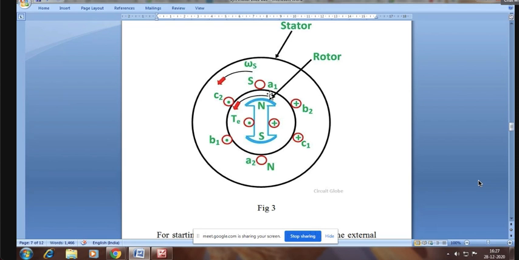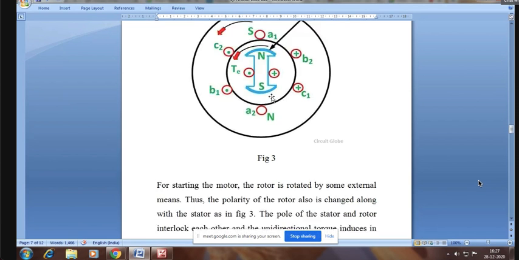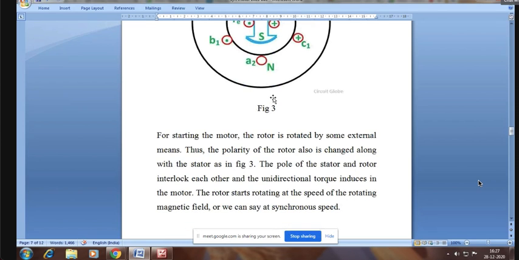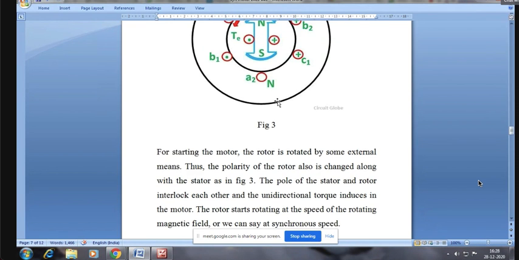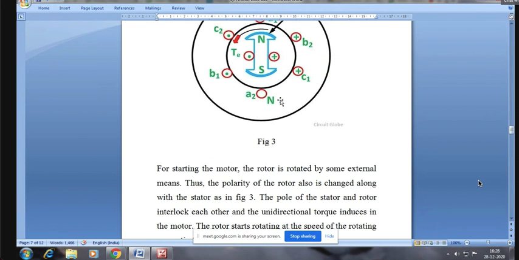Yes, sir. Okay. Now, the method or the mechanism which we adopt to rotate the rotor and hence see that the pulsating torque is eliminated or a continuous torque is established, that is called starter for synchronous motor.